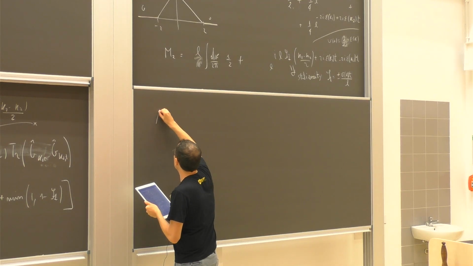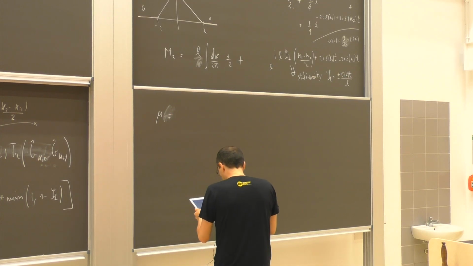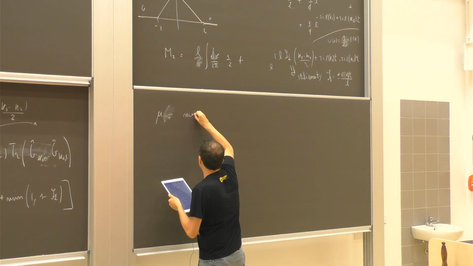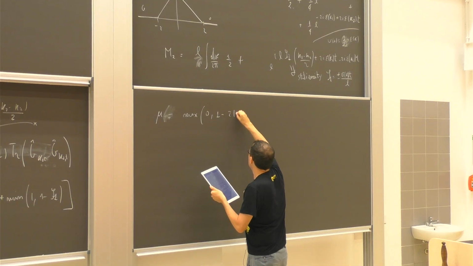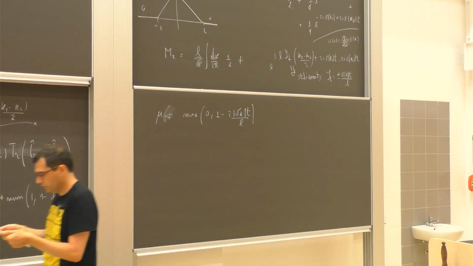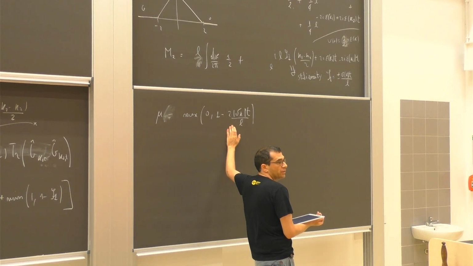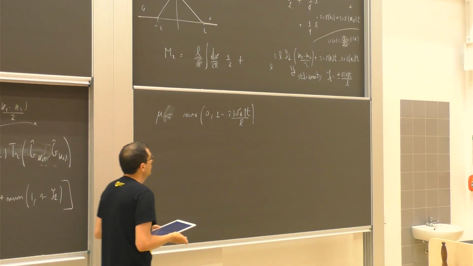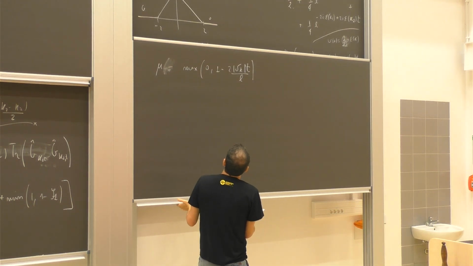So now mu becomes max of 0, 1 minus 2 absolute value of v_k t divided by L. Now you see we start getting some terms that look like a quasi-particle picture. So you put everything together.